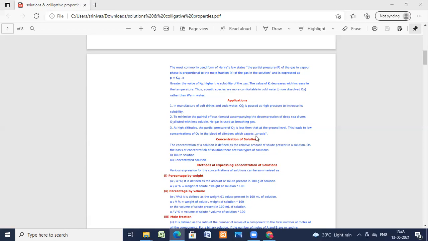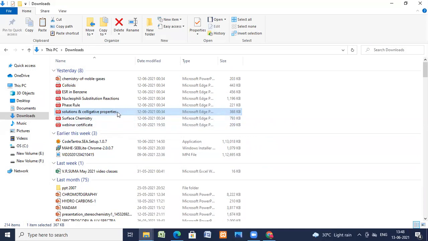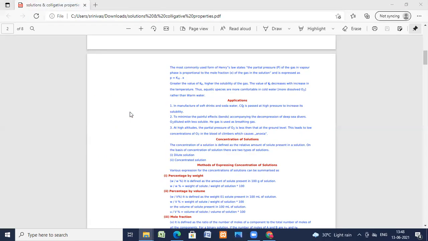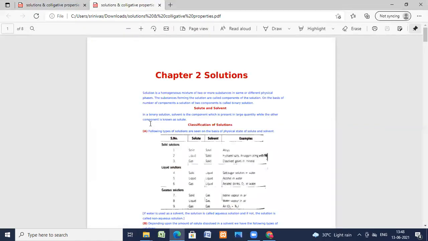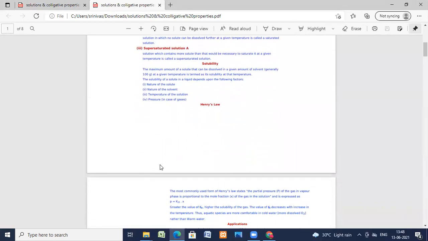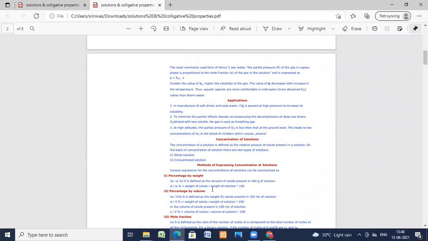On the basis of the amount of solute in the solution, solutions are of two types: dilute solution and concentrated solution.